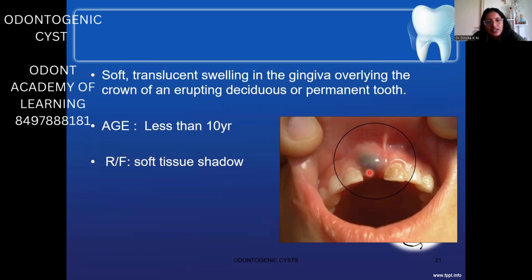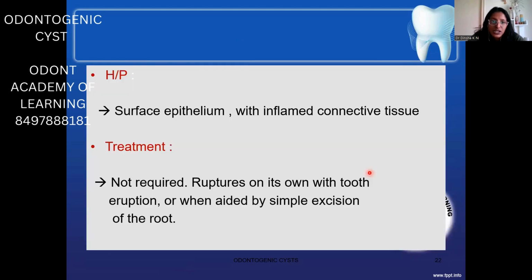Radiographically, a mild soft tissue shadow can be seen, nothing much. Histopathologically, it shows normal surface oral epithelium with inflamed connective tissue. As such, no treatment is required for this condition because the cyst will rupture on its own when the tooth starts erupting into the area, or sometimes a simple excision would be needed.